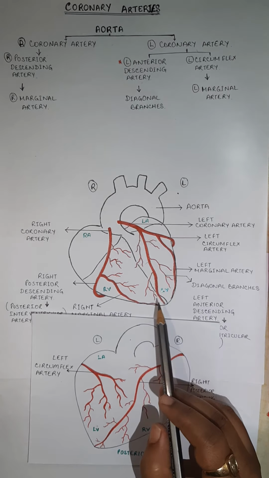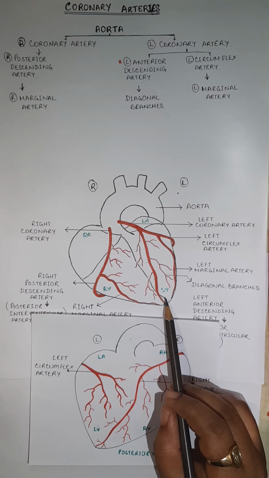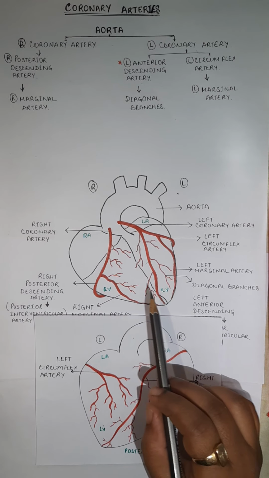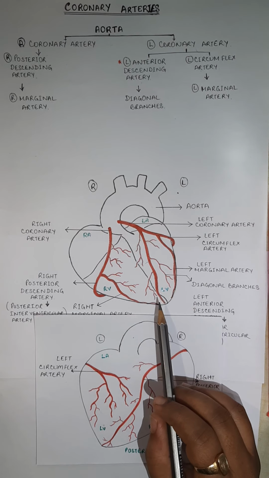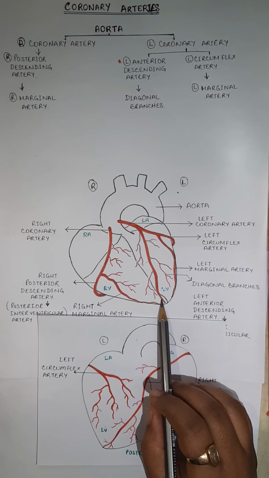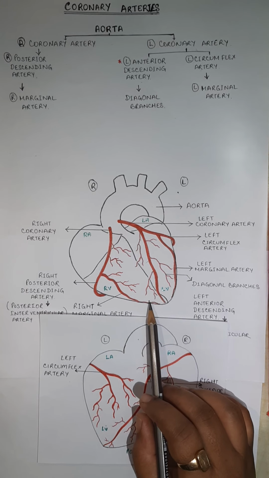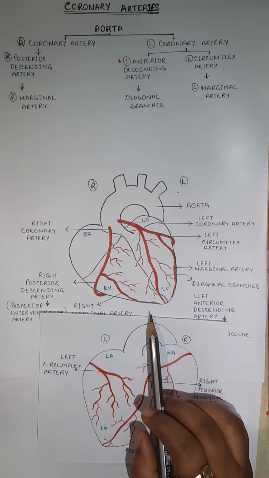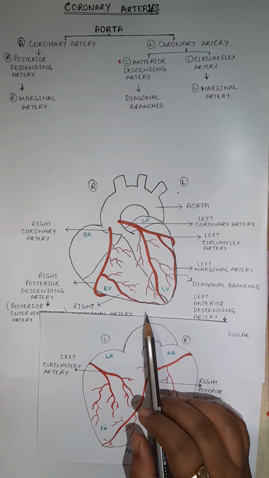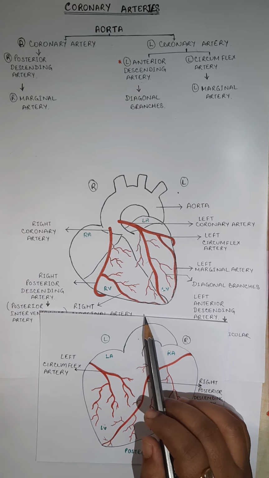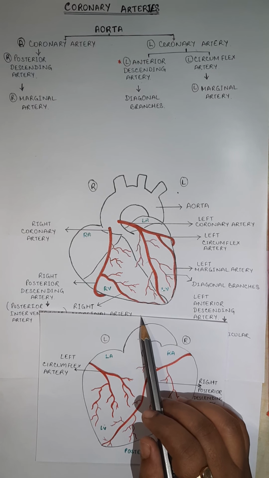As a result, in later stages, necrosis occurs, or in simpler terms, the muscles will begin to die here. This is called infarction in scientific terms. And if there is insufficient blood supply even through the collateral branches, myocardial infarction may occur.